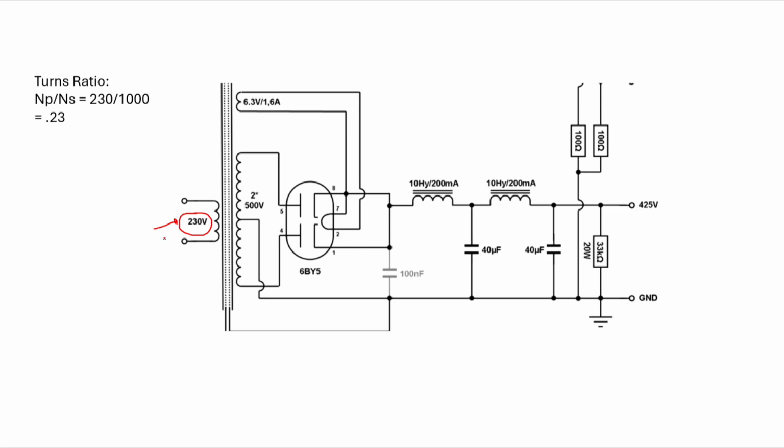We know as a designer that our wall supply is going to be 230 volts. And out here to drive my tubes, I want something akin to 425 volts DC. So if you were to plot it on time, there's this non-varying voltage that's going to be 425.